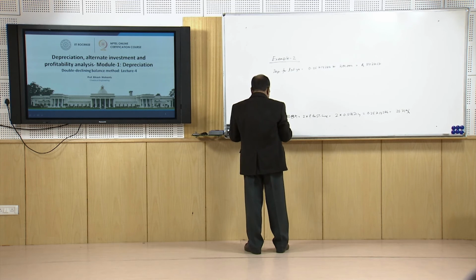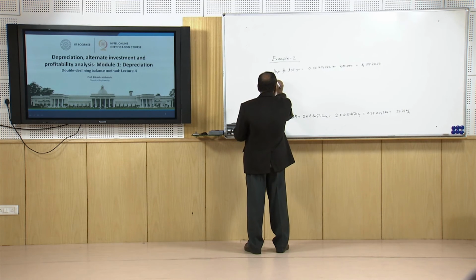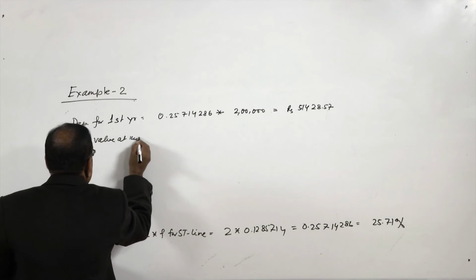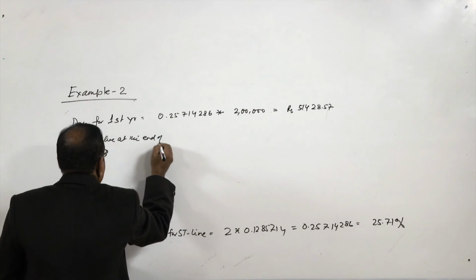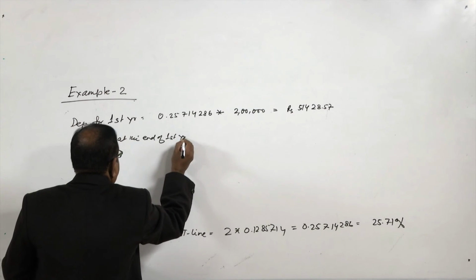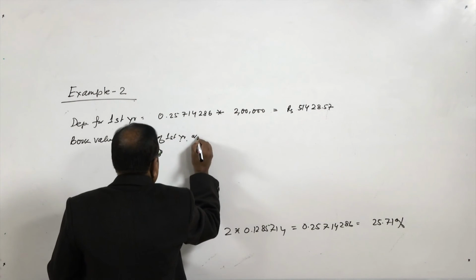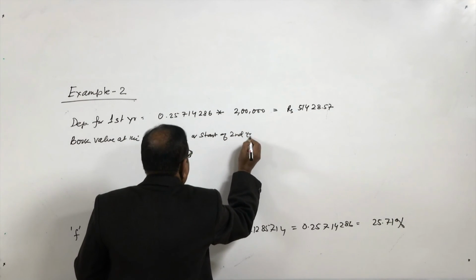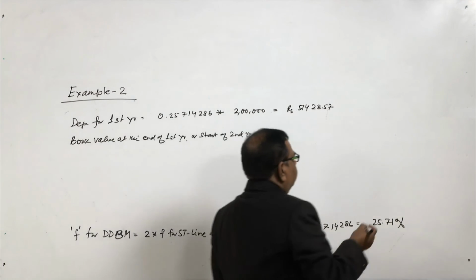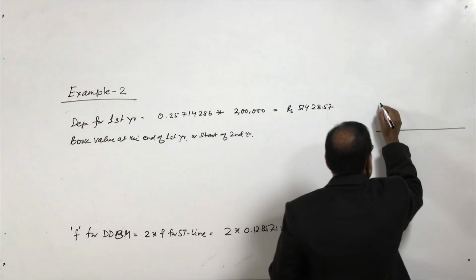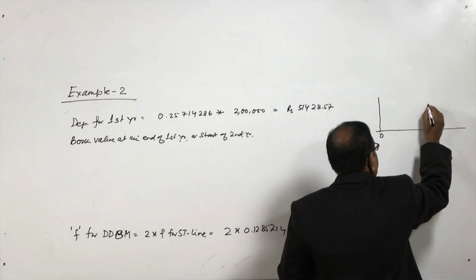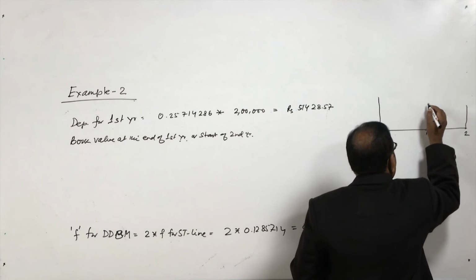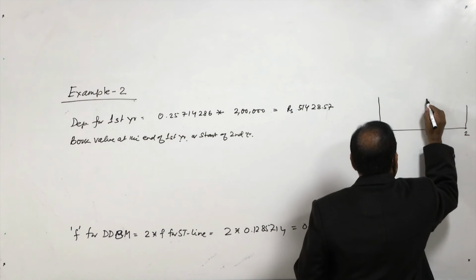Now the book value at the end of the first year or start of the second year, because this is the book value here, this is 0, this is 1, this is 2. So, this is the book value here at this point.